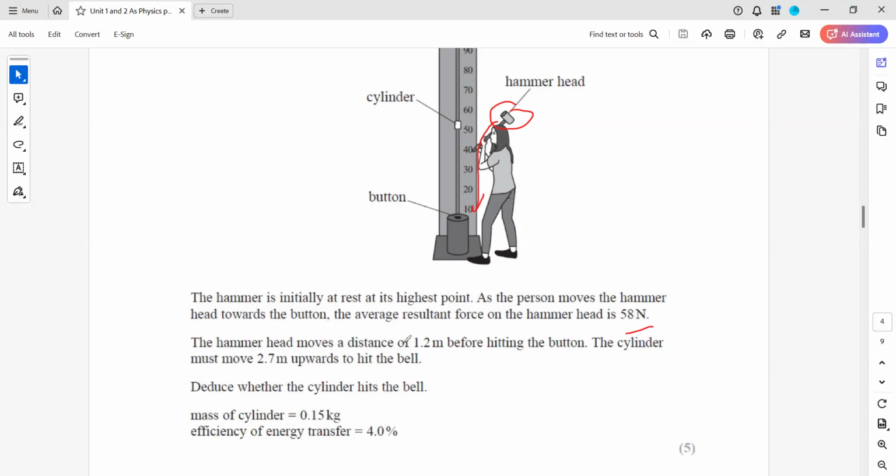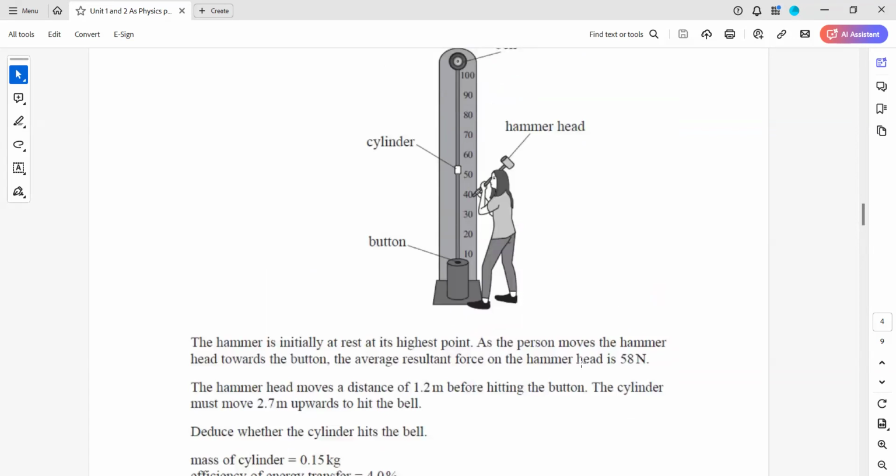The hammerhead moves a distance of 1.2 meter before hitting the button. The cylinder moves 2.7 meter up, this is the movement of the cylinder. Deduce whether the cylinder hits the bell, given the efficiency of the energy transfer is only 4% and the mass of the cylinder is 0.15.